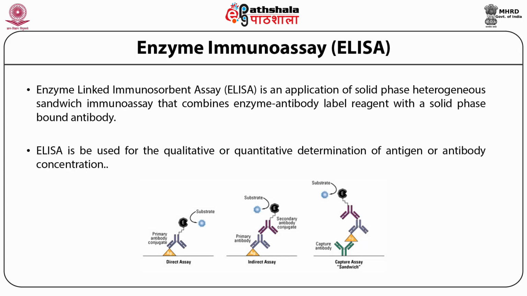In this case, a fixed amount of antigen is mixed with a fixed amount of antibody, and you have a sera which contains an unknown amount of the antigen. The fixed amount of antigen and antibody react and give rise to a complex. This complex is treated with the unknown amount of serum, which contains the putative antigen, and a competition occurs between the antigens, and the labeled antigen comes out.